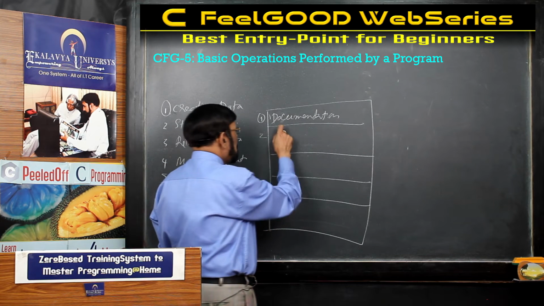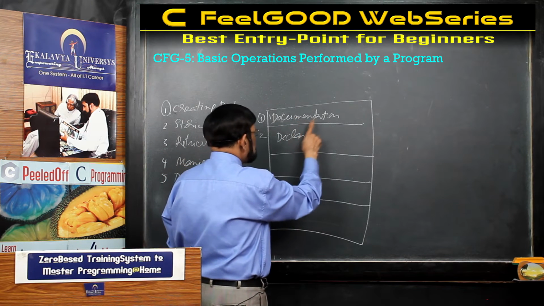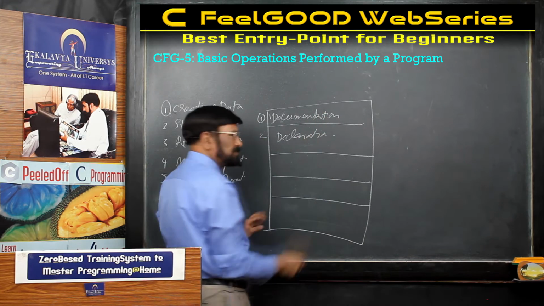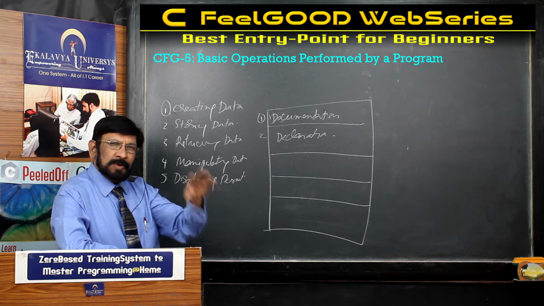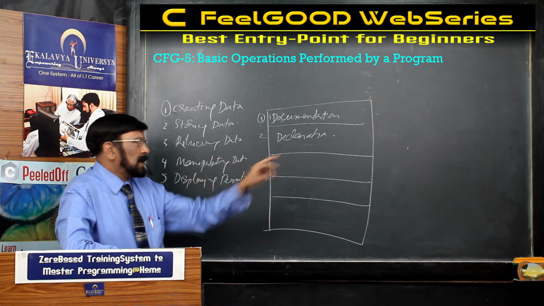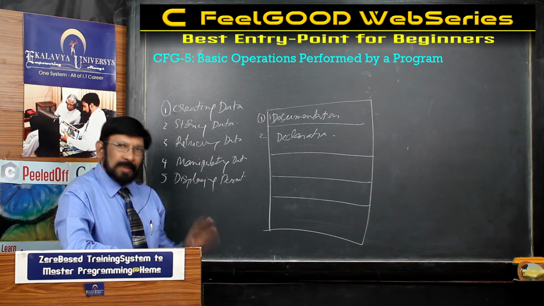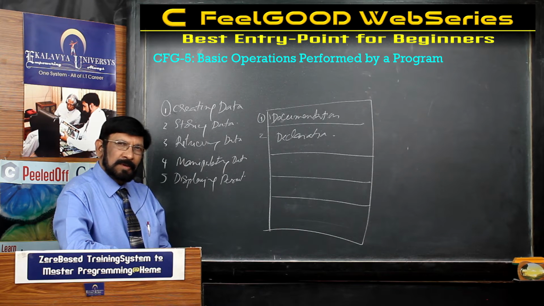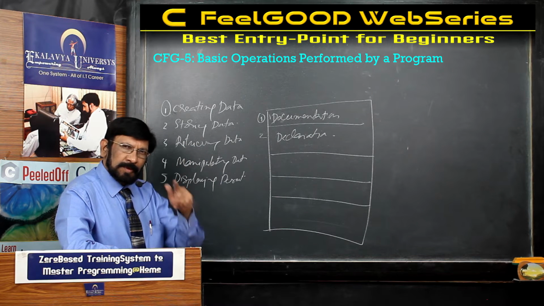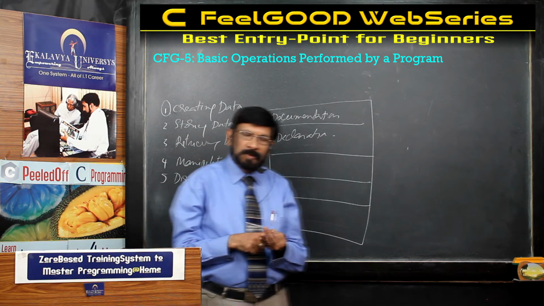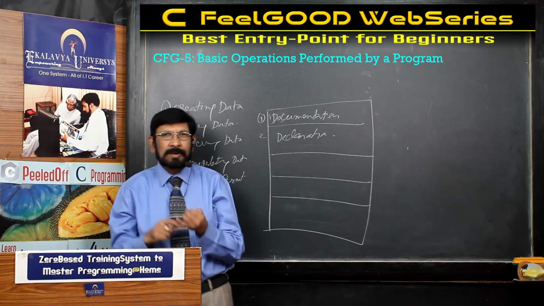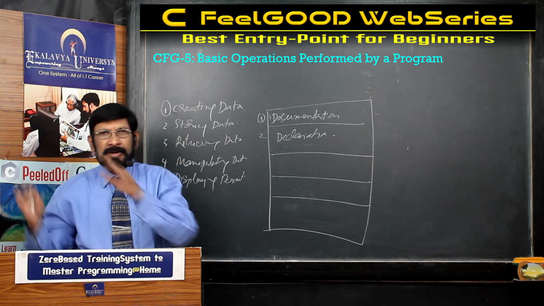Second one is the declaration section. Declaration section means, as I explained in the previous concept, whatever data items you are going to use in the program, you have to declare. With an example, always remember, you invited 10 guests. What do you have to declare? 5 adult people, 3 children, 2 babies are attending for dinner.